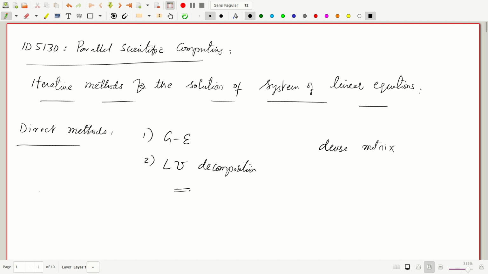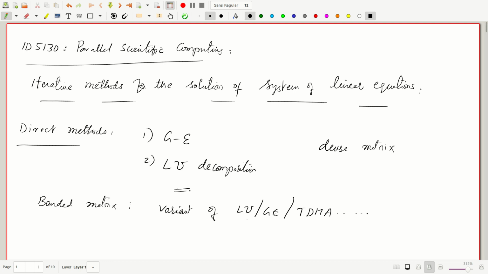And we also saw if you have a banded matrix in which the non-zero elements are nicely aligned along the diagonal, then we can apply a variant of LU or Gaussian elimination or the tridiagonal matrix algorithm.